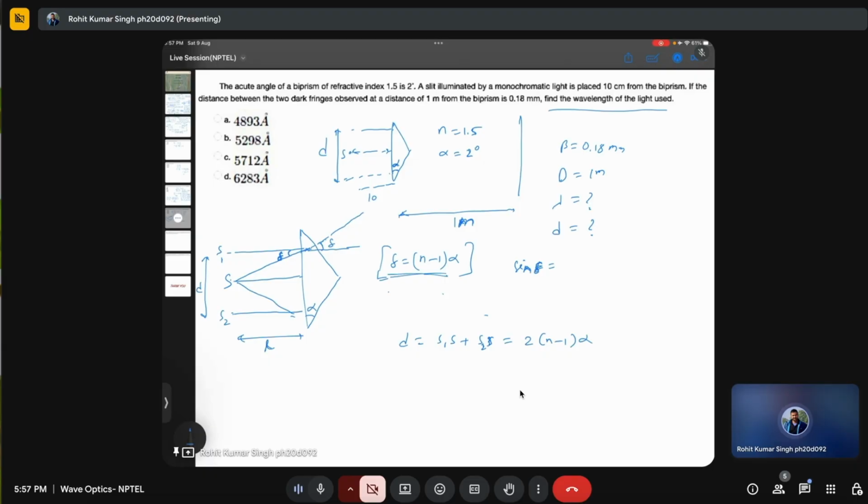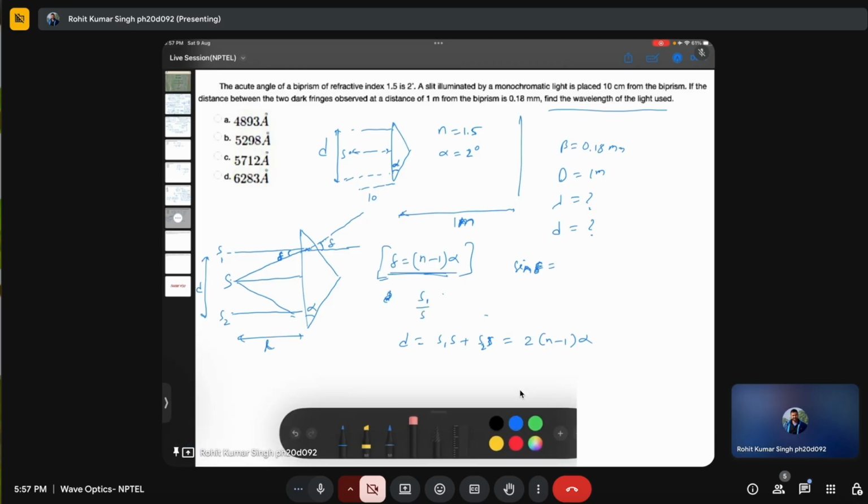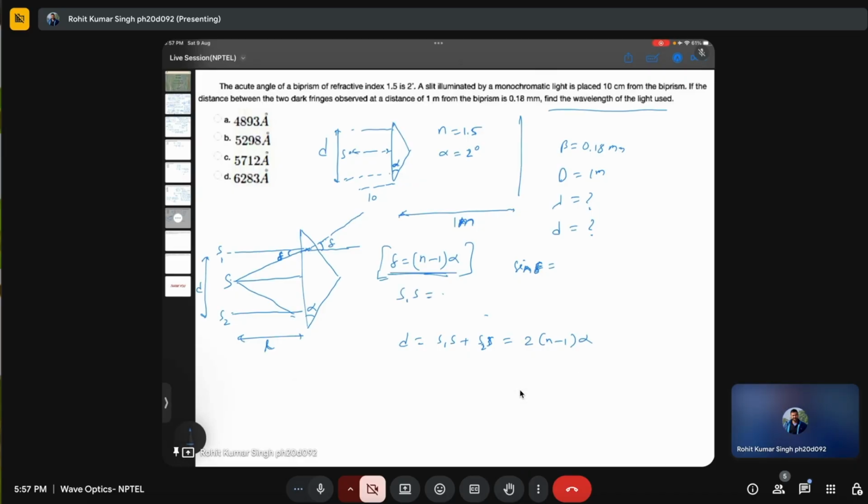Okay, so this is the deviation. And from here I said that this S1s will be equal to L delta.